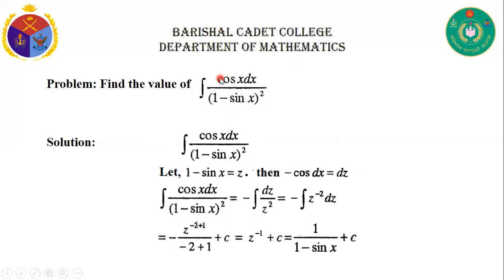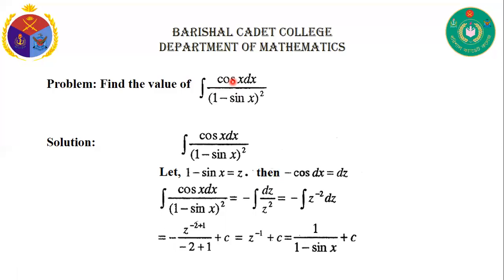So minus is not important, minus we can take, but here is cos x. So we have to choose something that the differentiation of this we already have in that problem.